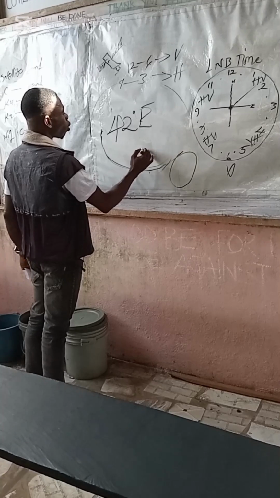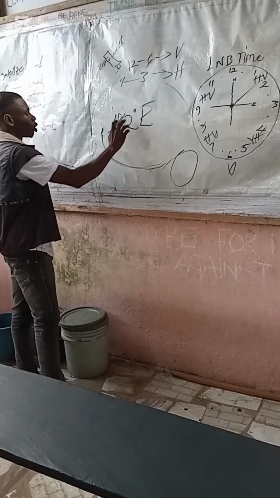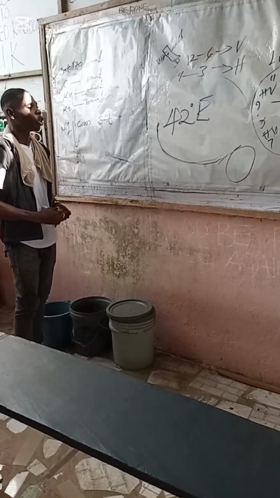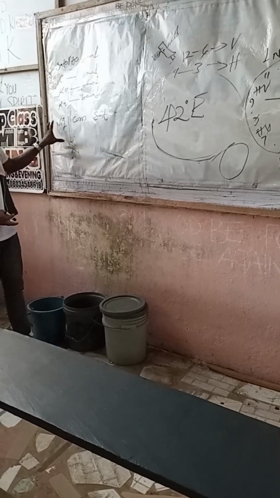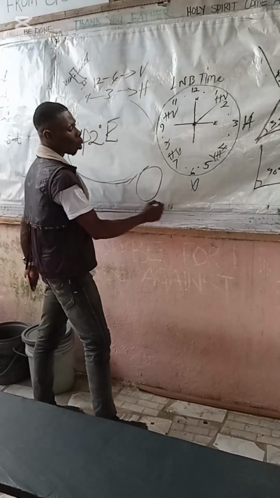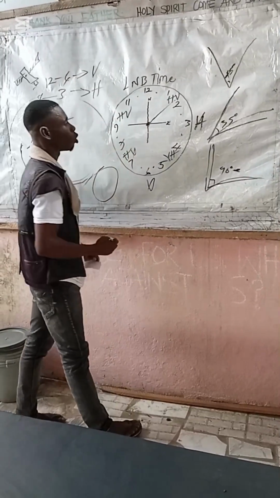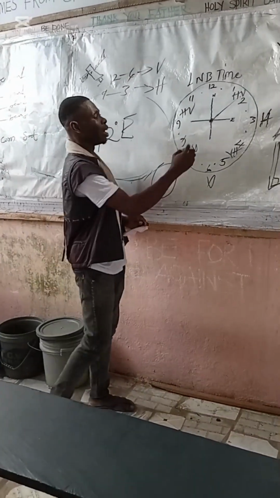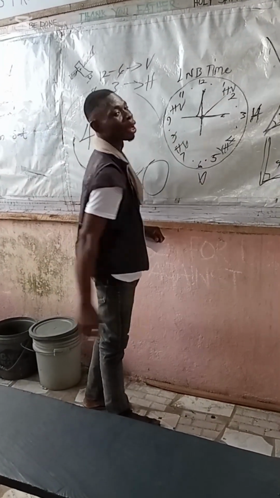The east there is what we call orbit, while the 42 degrees is the orbit position, the position of your LNB. The position of 42 is angle 90, so your LNB torch should not leave northeast.